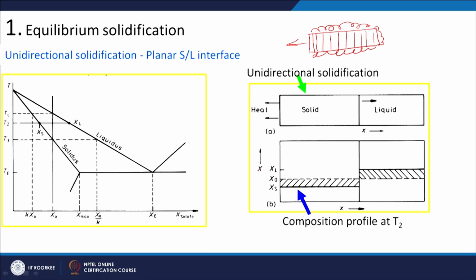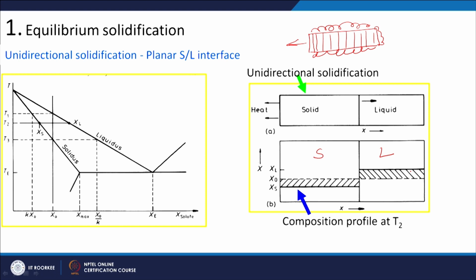On the x axis we have solute content, and on the y axis we have the distance from the end from which the solidification has started. At this temperature the solid will have an overall composition XS, which is given by this phase diagram. So this is my solid, this is my liquid. The solute content in the liquid will be given by XL, which is given here, and the overall composition is X naught.